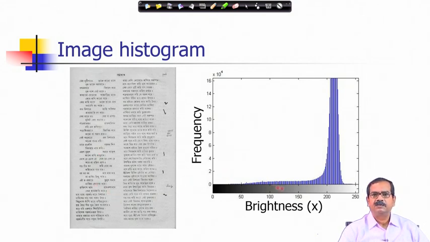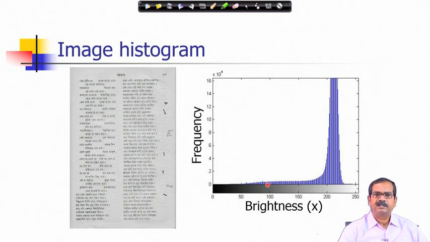Usually in the histogram you should have obtained a bimodal kind of characteristic, but in this case, since you get so many white pixels, it is more skewed, and particularly the distribution in the text zone looks a little flat.